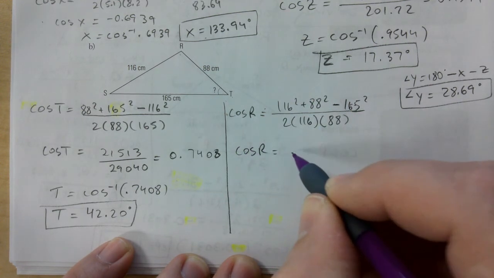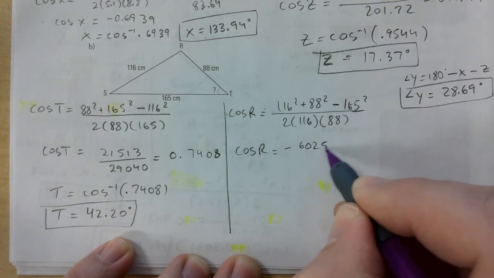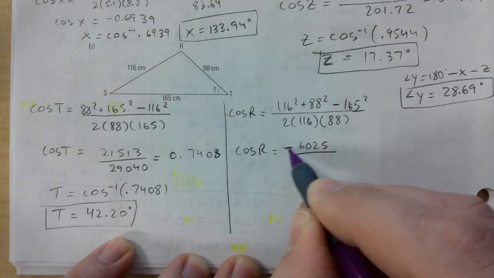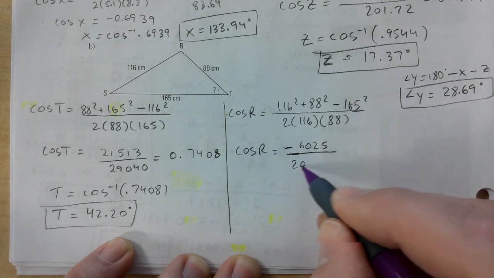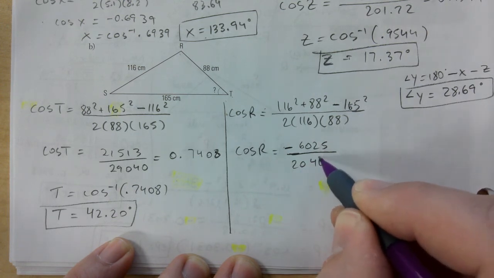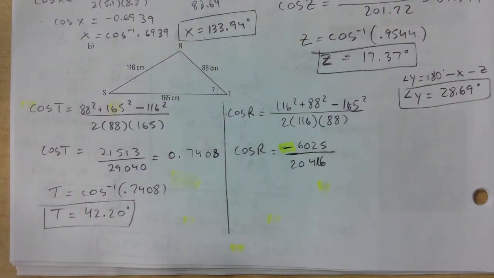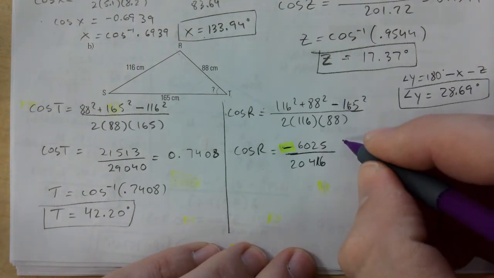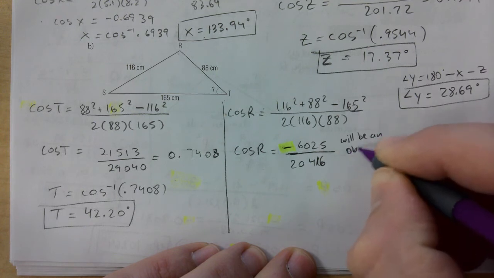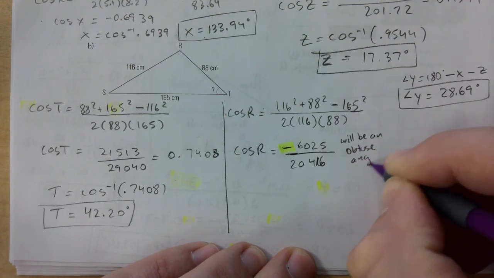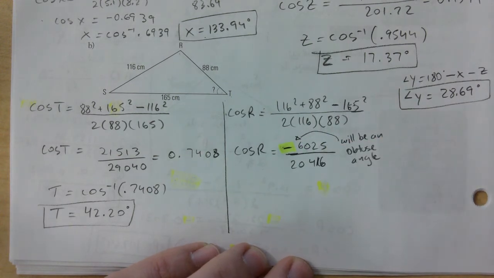Cosine of R is, and watch this, a negative 6025, negative, right? So we're expecting an obtuse angle. And I'll make a note of that here. Will be an obtuse angle.